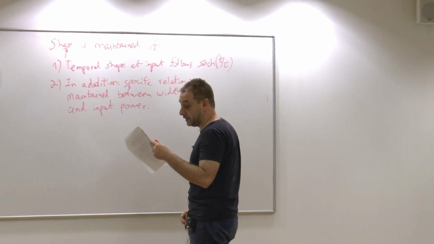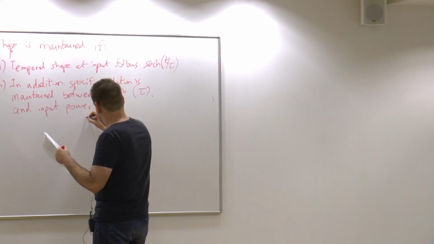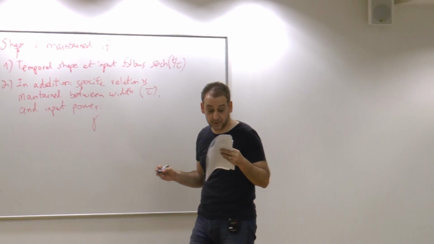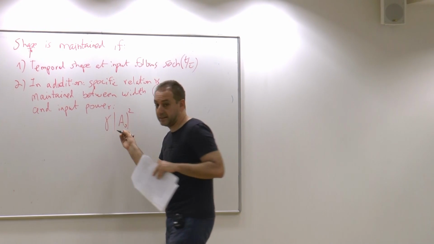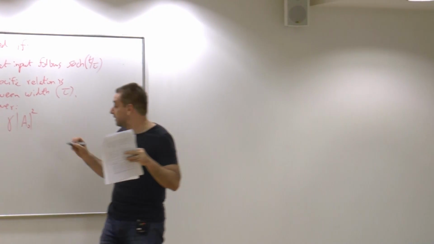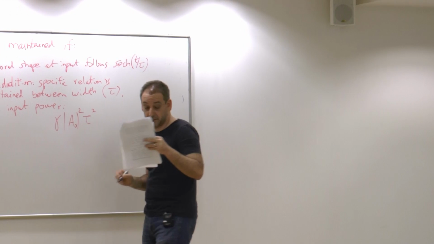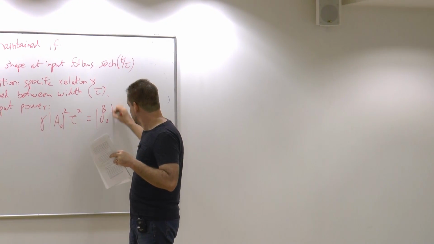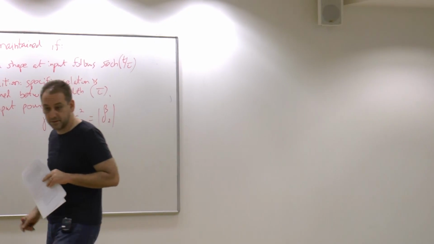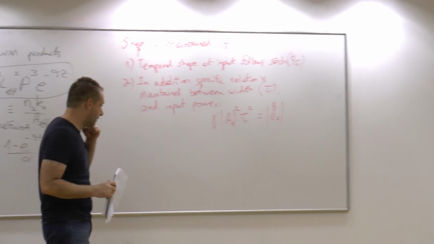And the relation is the following: gamma, the nonlinear coefficient, multiplied by A0 magnitude squared, which is power, multiplied by duration squared, is equal to the dispersion coefficient at the absolute value.